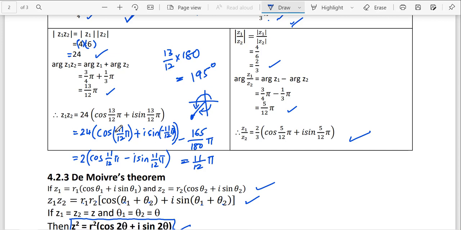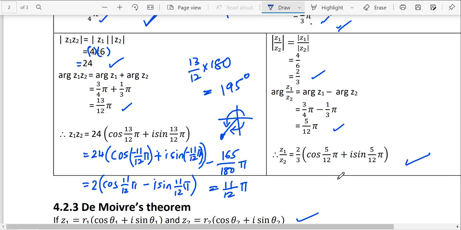Okay, now I want you to press this. You check. 13 over 12 pi is 195, right? Okay, try to press cos 195. What is the answer? 0.9659?